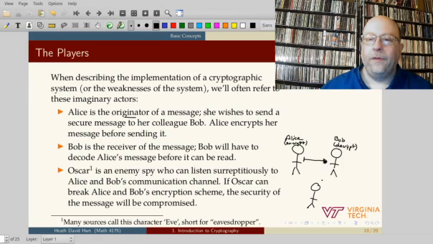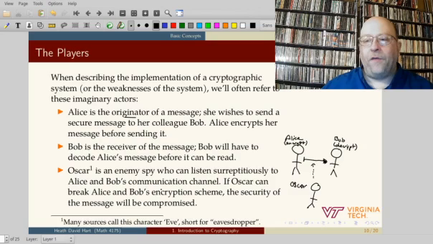In addition, we hypothesize there's a third person in the system, Oscar, and Oscar is able to listen in on this communication channel without Alice and Bob knowing that he's there. And Oscar can observe whatever message is being sent and potentially alter the messages being sent as well.